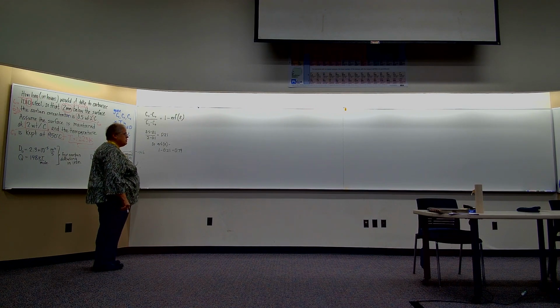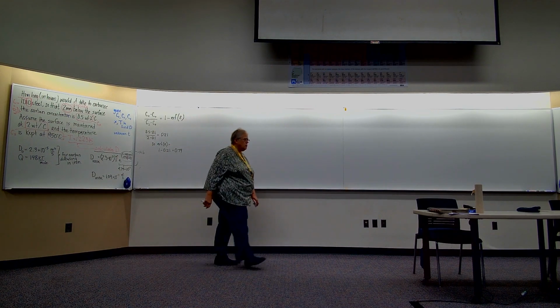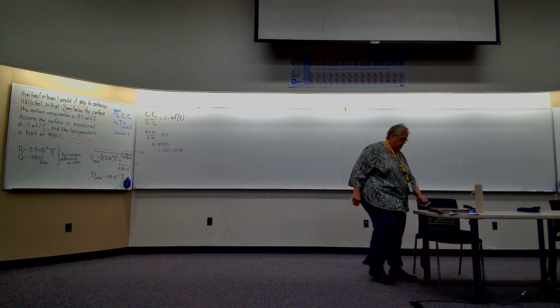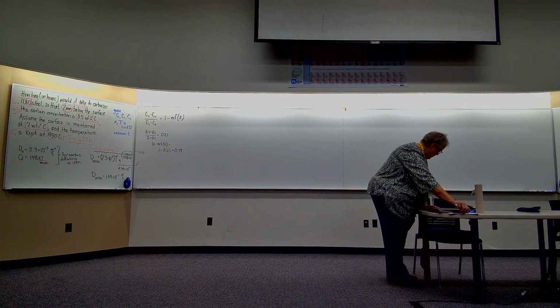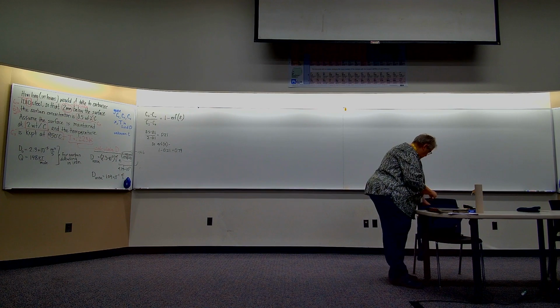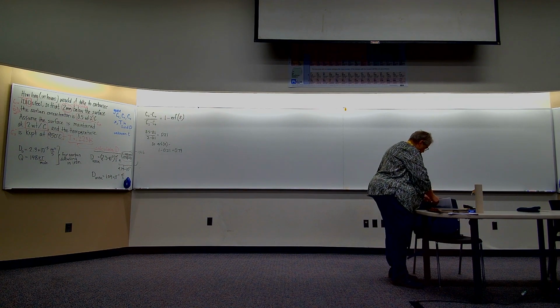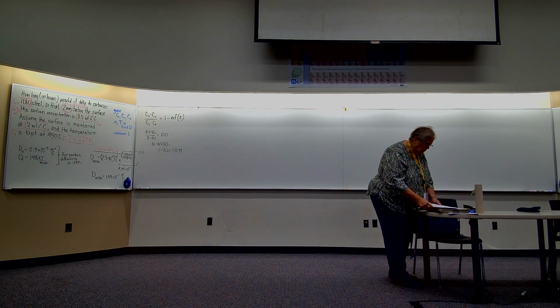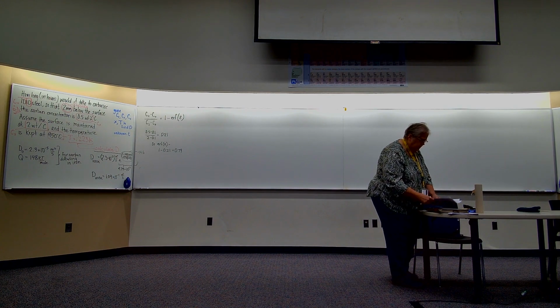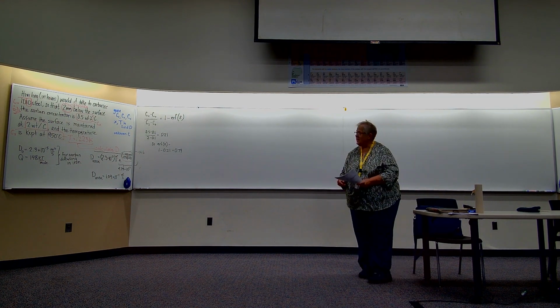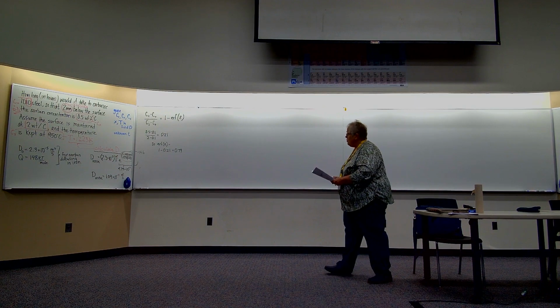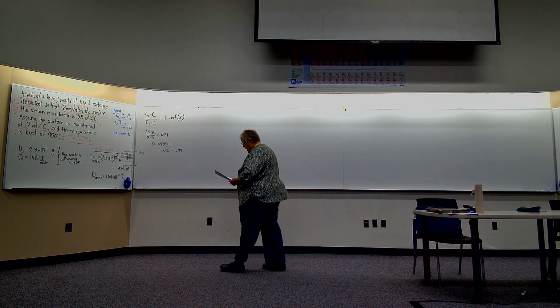Seems like we're in a frontier we haven't been in, but it's correct. So hopefully you still have your homework 1. You can look at the error function table. We know the value of the error function is 0.79.